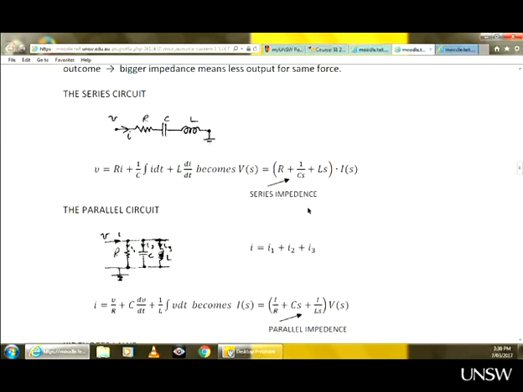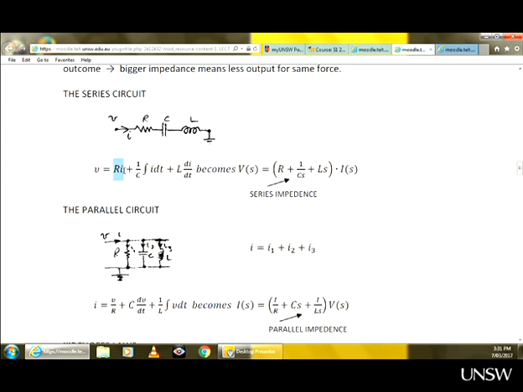Now let's see when you have an electrical circuit like this. First of all, in series, these three components are connected in series, then those three components connected in parallel. So you have voltage V here. Here the voltage is 0, so the difference between input and output voltage is V. V will be equal to the voltage drop across R plus the voltage drop across C, then the voltage drop across L. The voltage across the resistor is Ri.